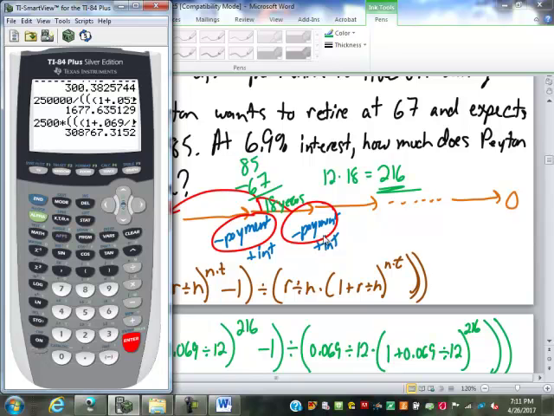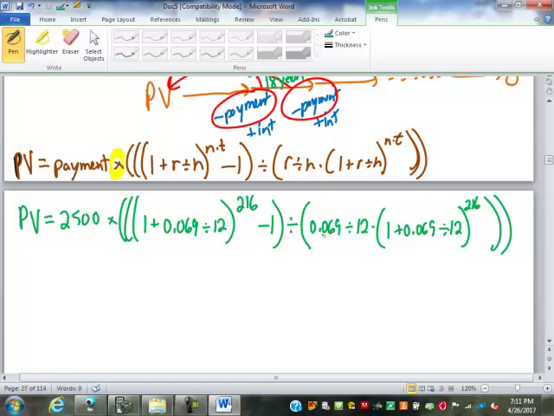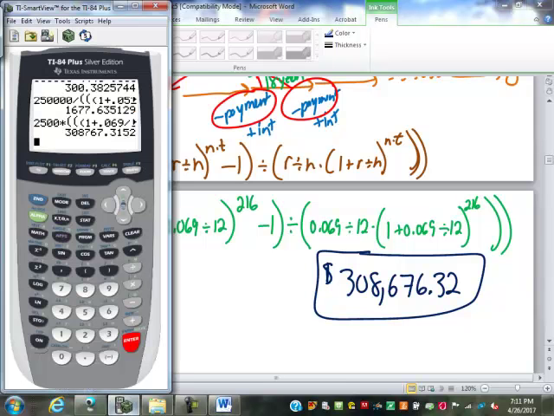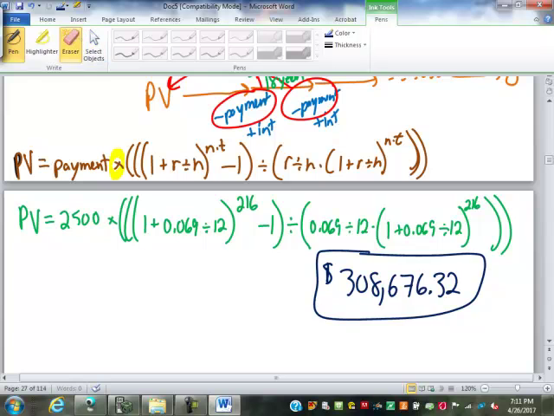So you get 308,767.32. Like I said, the calculator buttons on my screen are sometimes not very sensitive. Did I write it wrong? 308,767, right? Yeah, thank you.